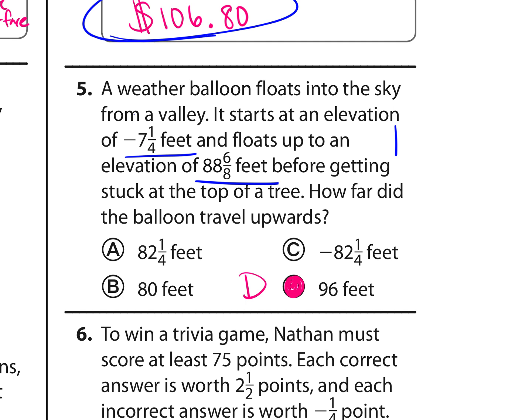So I could just say the absolute value of negative 7.25 plus 88 6/8. I could change those to decimals and say, okay, that was a negative, but now it's a positive 7.25 plus 0.75. And when I add those together, I get 96.